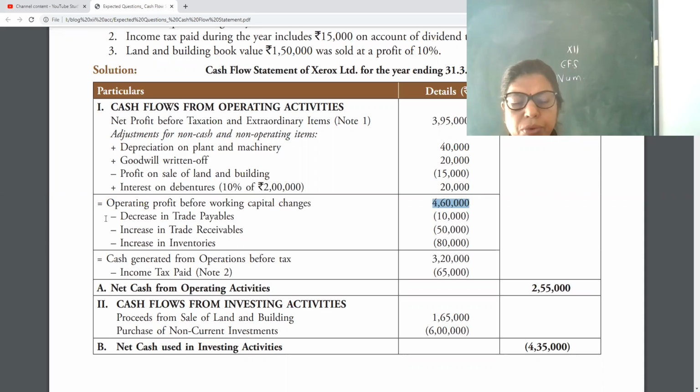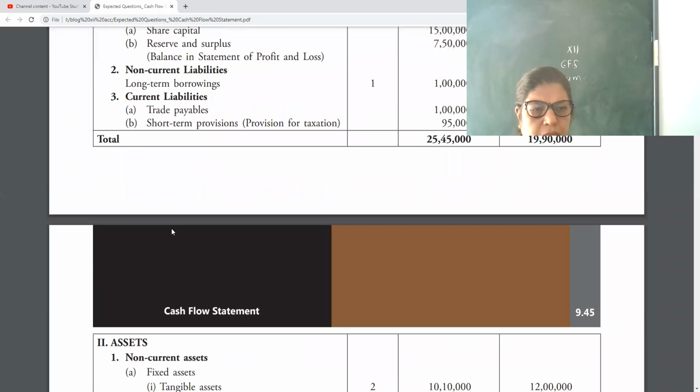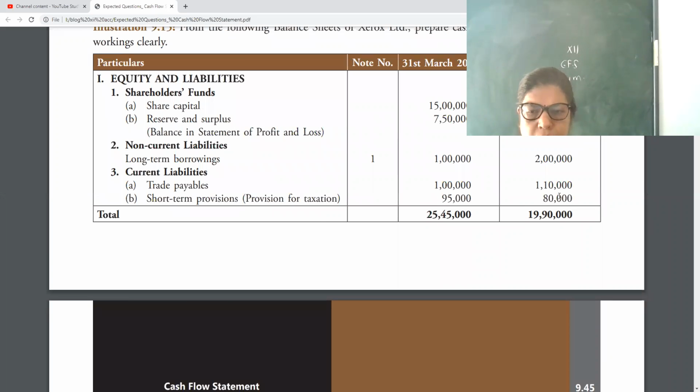Now we will do DCA, ICL changes and ICA, DCL. It means we have to show current asset and current liabilities changes. Yes, as we already discussed, like trade payables. I'll show you. See, this is trade payables.